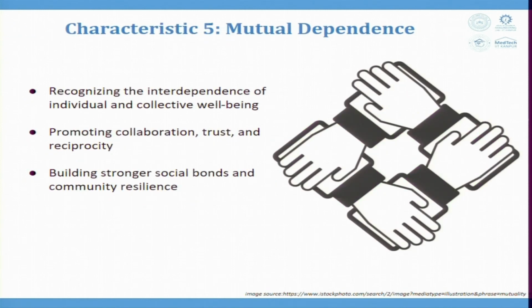Next one is mutual dependence. So, you recognize the interdependency of individuals and collective well-being. You understand each other's requirements, recognizing the interdependency of individuals, individual 1, 2, 3 and 4.